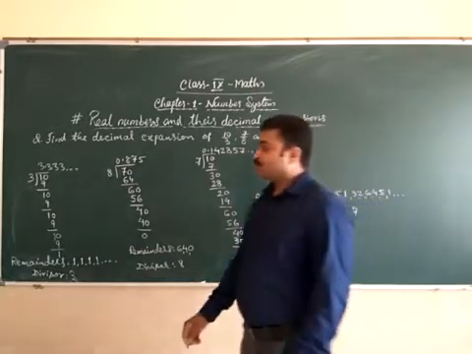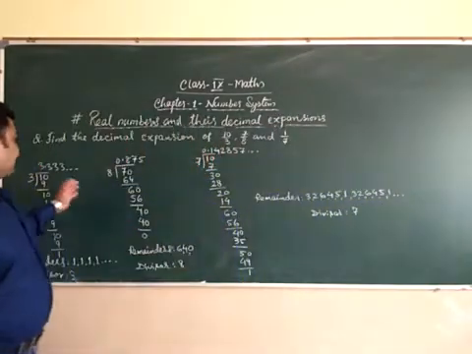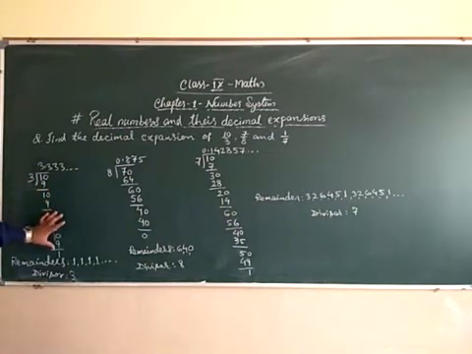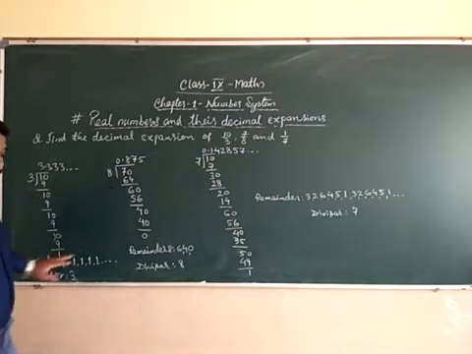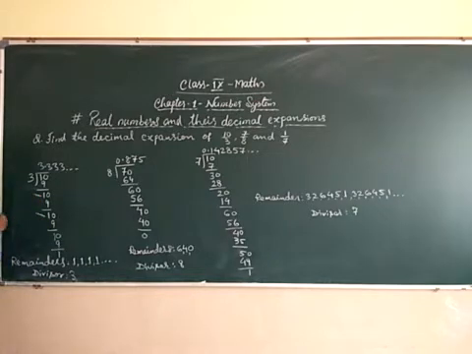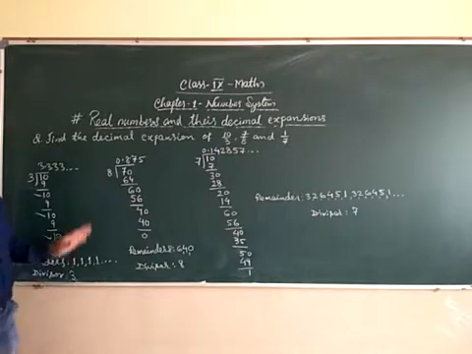Here 10 upon 3, after decimal we get 3.333333. Here the remainder is 1, 1, 1, 1, all 1s.